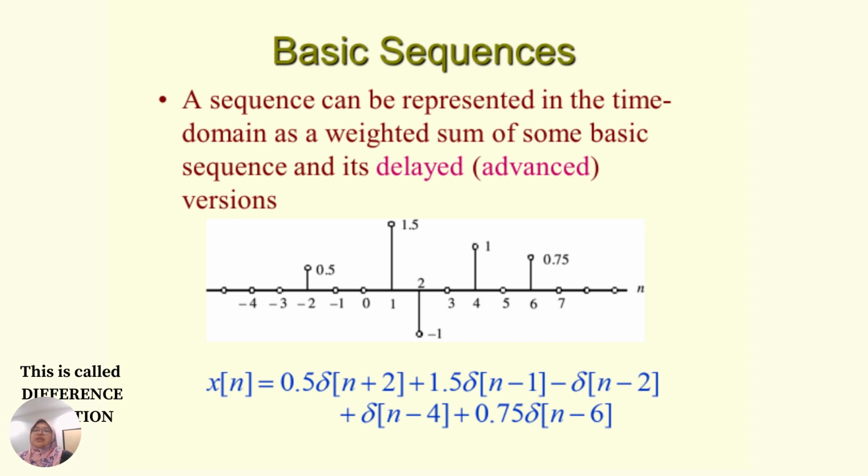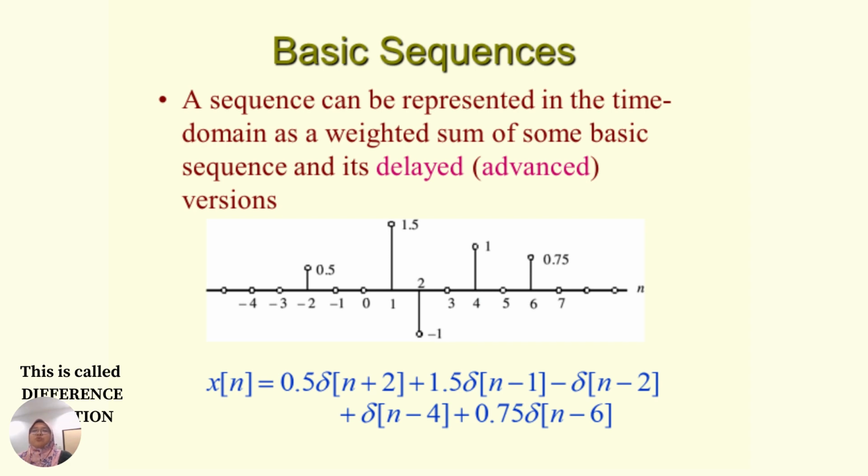Okay, so you can see that these are all impulses. The value of an impulse is only 1. So basically here, if you look at the first term, 0.5 delta[n+2], it means it is located at n equals negative 2, with an amplitude of 0.5.